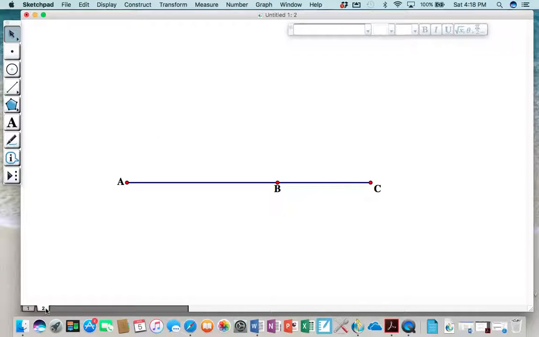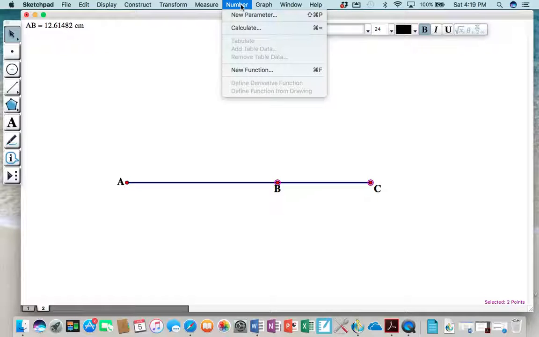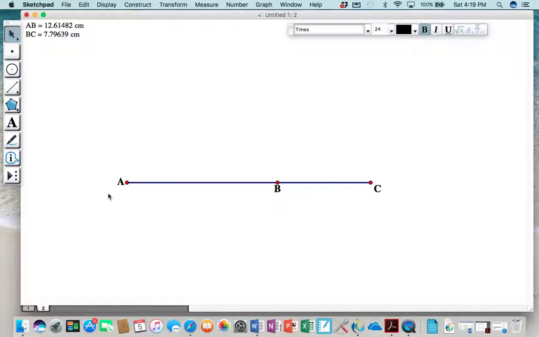So here I have, and I created through other means, a line segment that I think is going to give us the golden ratio. So let's see what happens. AB, let's measure that, and BC, and then the whole thing.